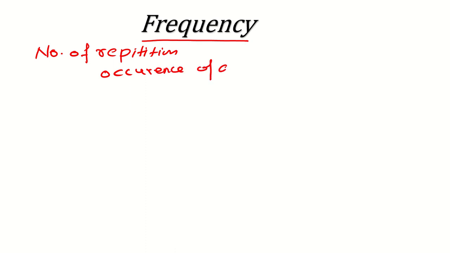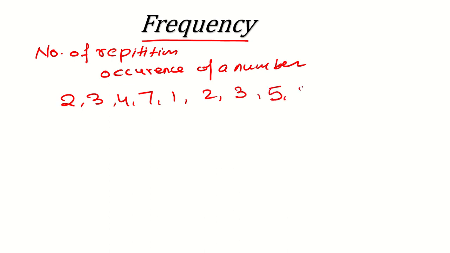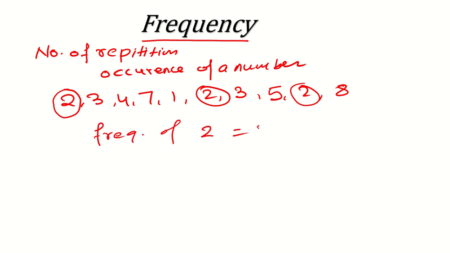Occurrence of a number is called frequency. For example, if I write some numbers like 2, 3, 4, 7, 1, 2, 3, 5, 2, 8, what is the frequency of 2? You will say 2 is repeated 1, 2, and 3 times. So the frequency of 2 is 3.